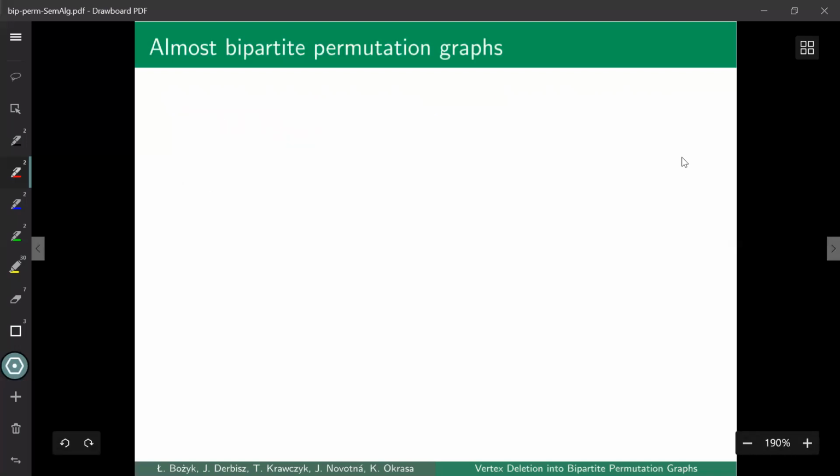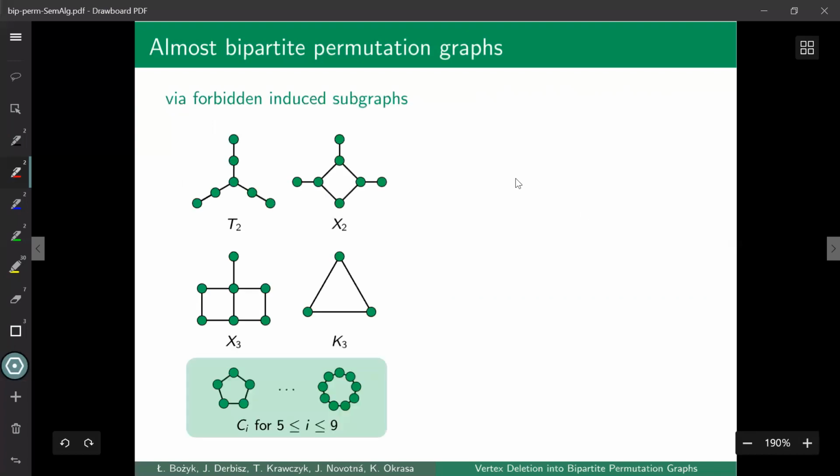And how to achieve this? Let me introduce these almost bipartite permutation graphs. Again, via forbidden induced subgraphs, and this almost refers to bounding the length of forbidden cycles. We forbid only small cycles of length at most 9. And it turns out, and we prove this, that we can also have an equivalent definition of almost bipartite permutation graphs via this ordering stuff, via this poset stuff.